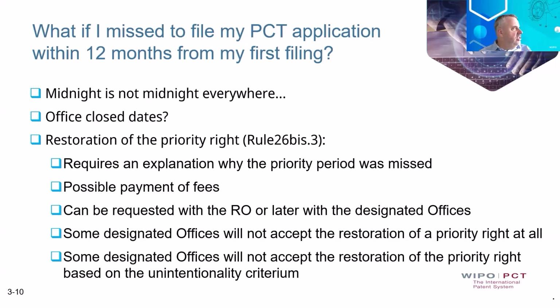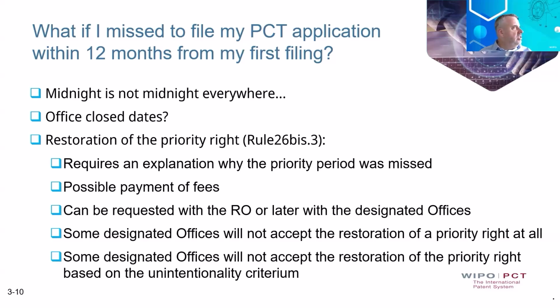However, it's not just a simple request, hey, I would like to restore. You will have to make some kind of a showing that you either missed the priority period unintentionally or in spite of due care. Unintentional is relatively easy to show. It's basically saying I accidentally did not file in time. Due care is more difficult to show.